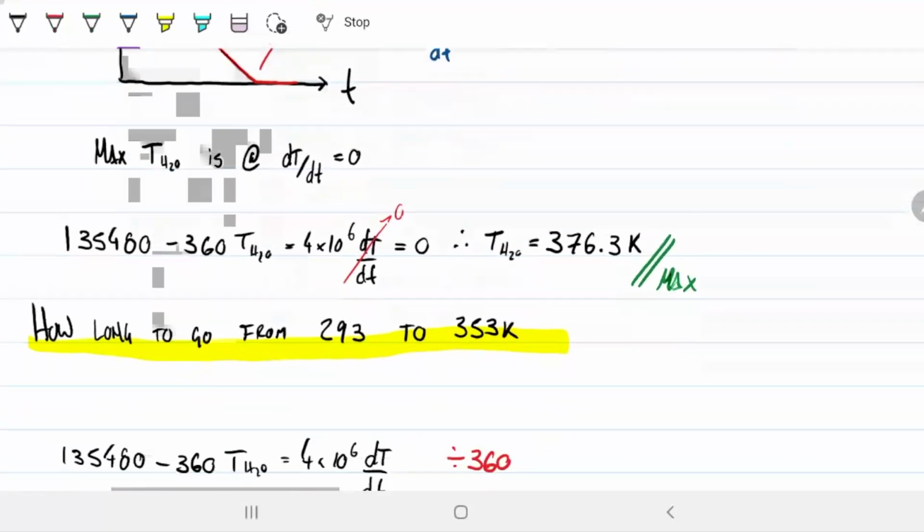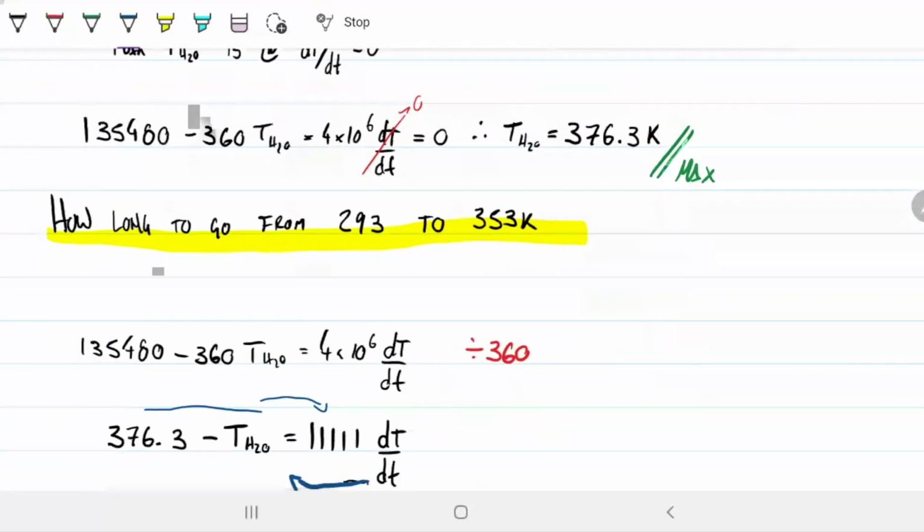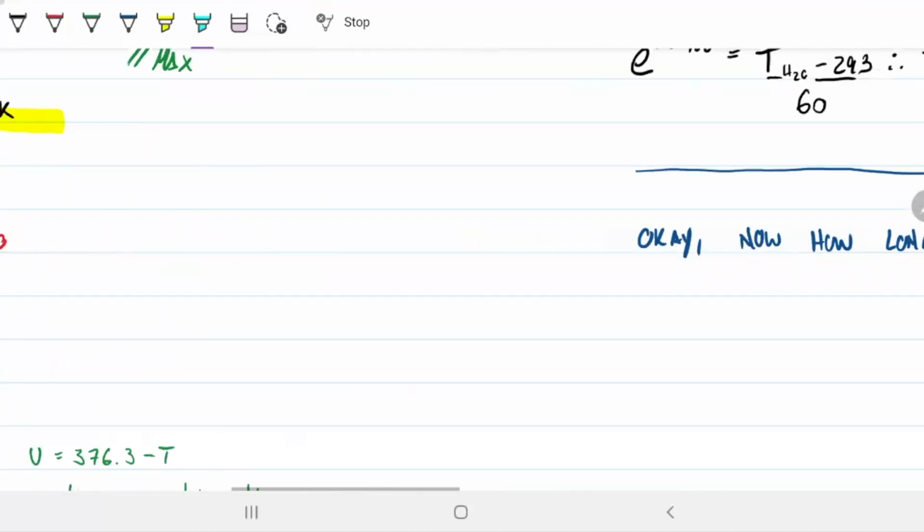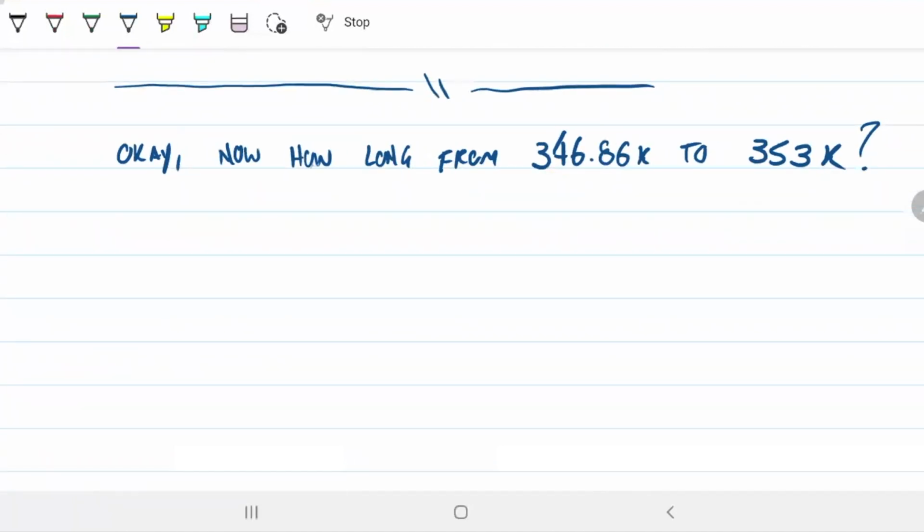As a matter of fact, what I'm going to do is plug this one here, because it's a simpler version of it. Okay, so let's go ahead and do that. So 376.3 minus the temperature we're looking for equals 11111 dt.